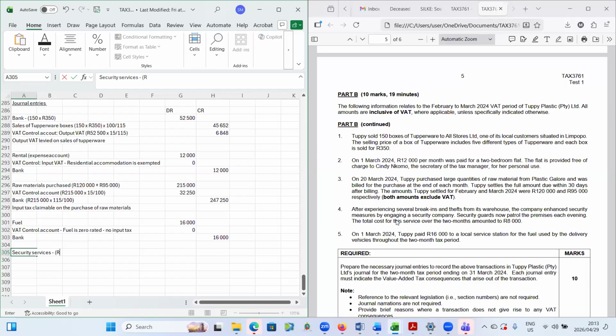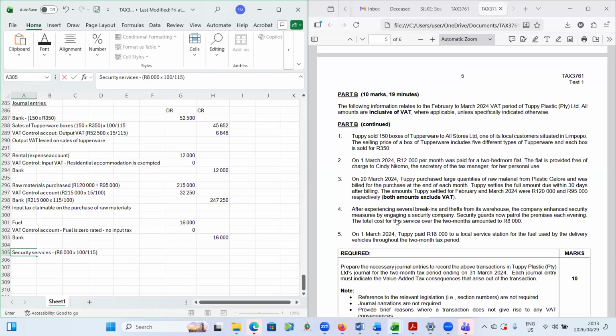So it's an expense. An expense has got input tax implications. So what is the total cost of this service over the 2 months? It's 8,000 rand. 8,000 rand multiplied by 100 over 115. Remember, this is the DR, this is the input tax side. The first line, which is an expense, the expense which is going to be posted in the profit or loss account, must be excluding VAT.